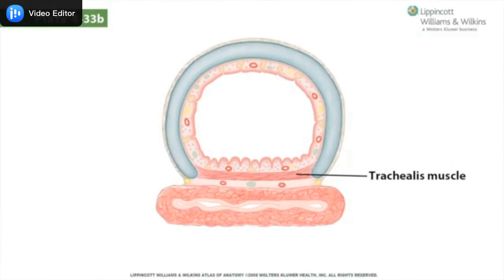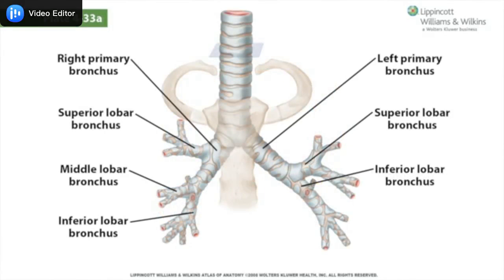The trachealis muscle continues inferiorly past the level of the tracheal bifurcation to form part of the posterior walls of the main bronchi, but becomes narrower distally until it ends before the level of division of the main bronchi into the lobar bronchi.